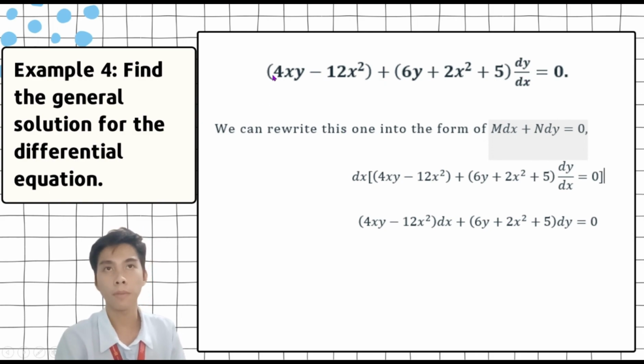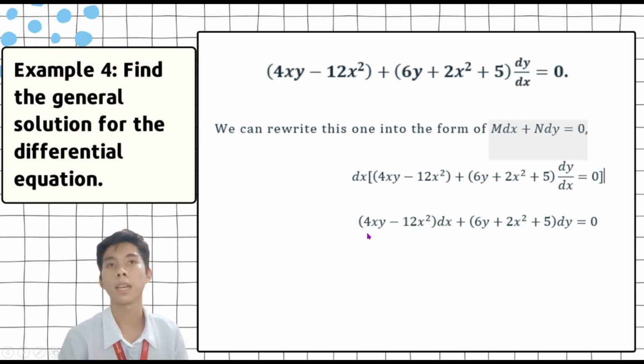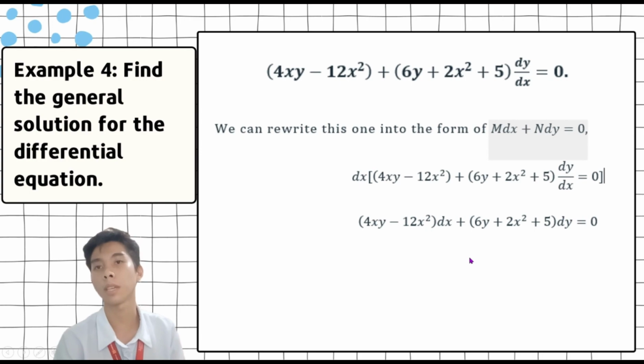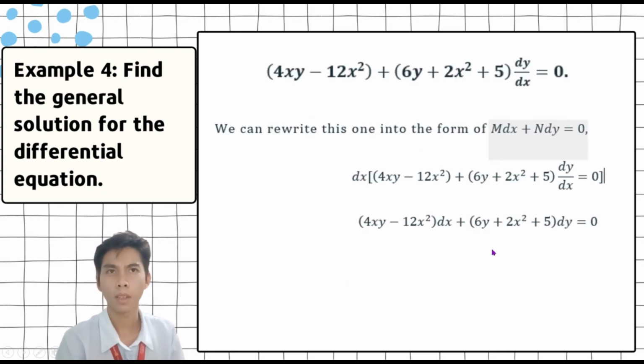Based on the given differential equation, we can rewrite this into the form M dx plus N dy equals 0. So we simply multiply each term by dx. We get the quantity 4xy minus 12x squared dx plus the quantity 6y plus 2x squared plus 5 dy equals 0.